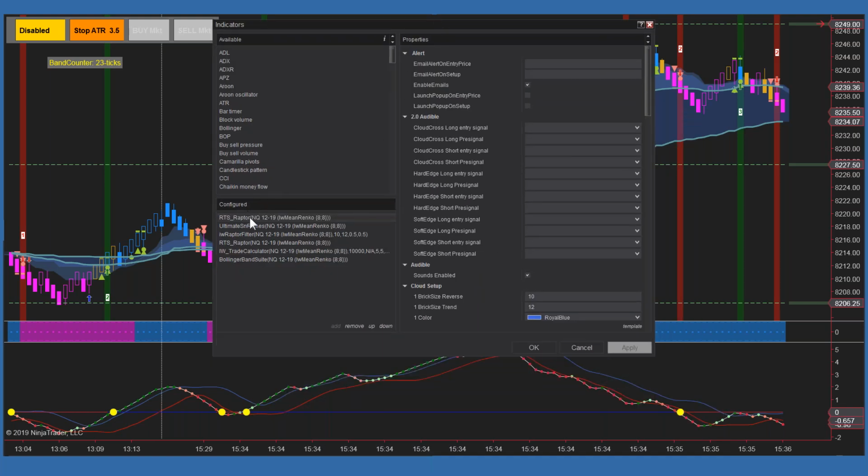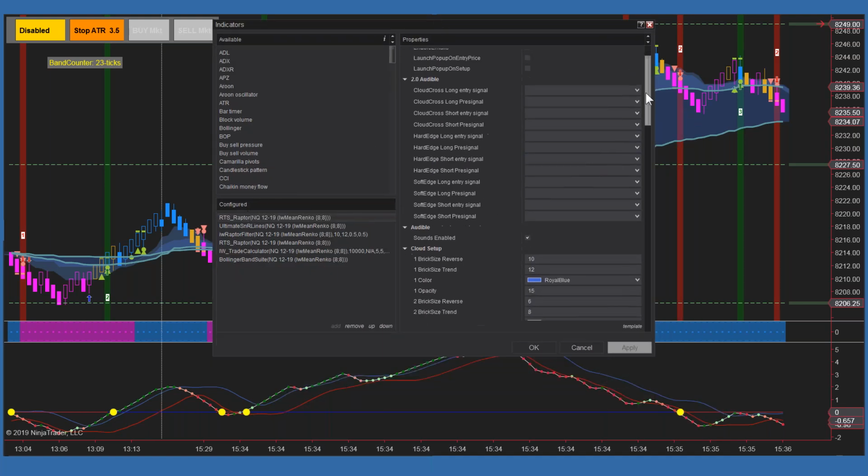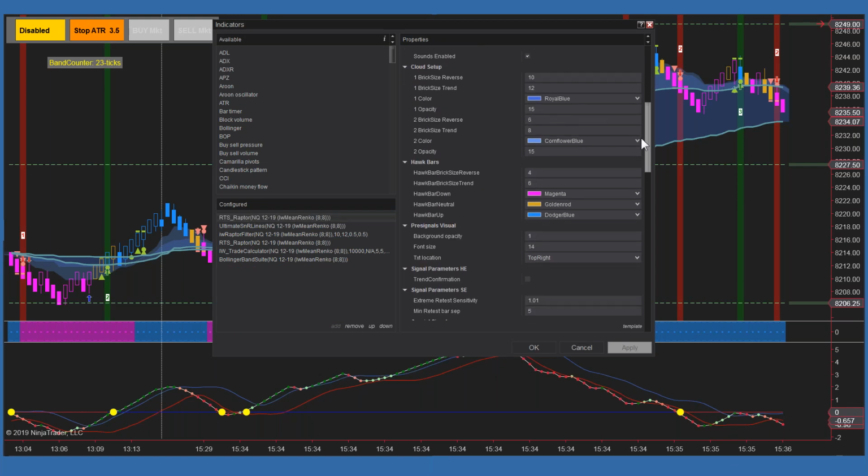And all the settings are the defaults that I use, but I just want to show you here the relationship of the clouds to your brick size.